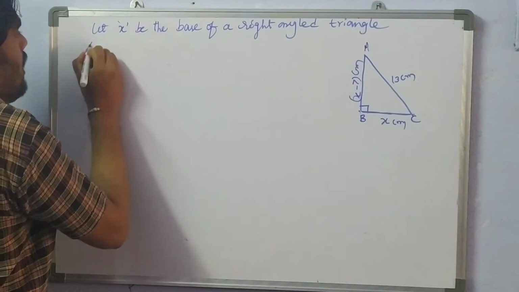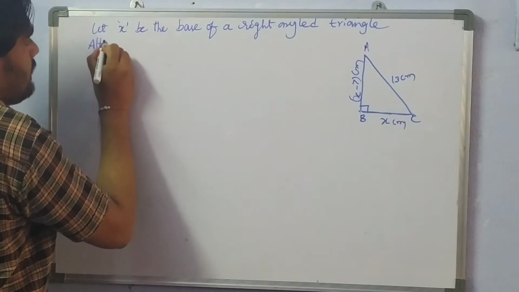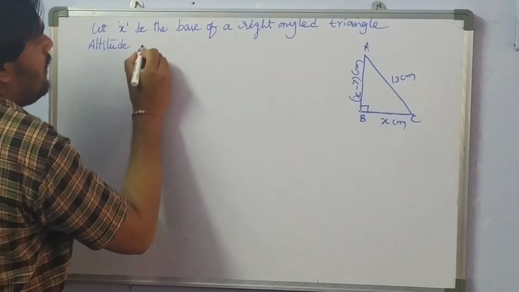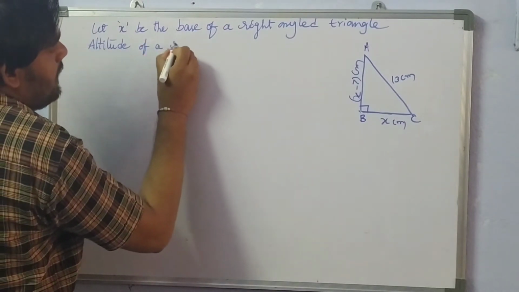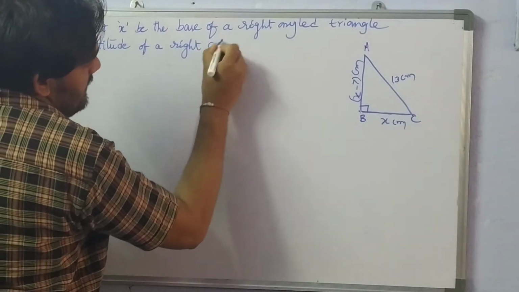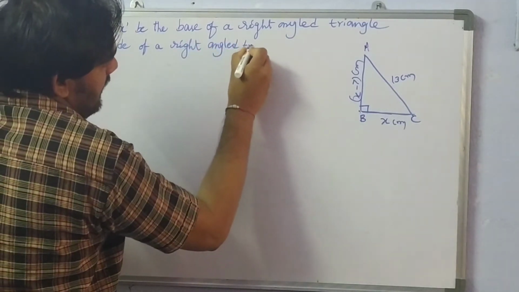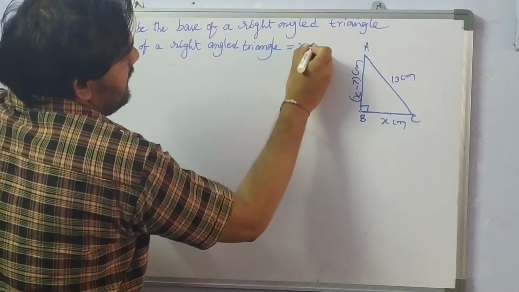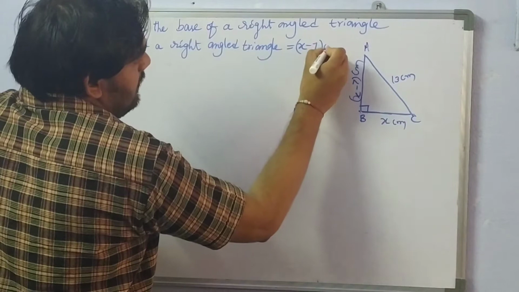So the altitude or height of the right angled triangle is equal to x minus 7 centimeters.